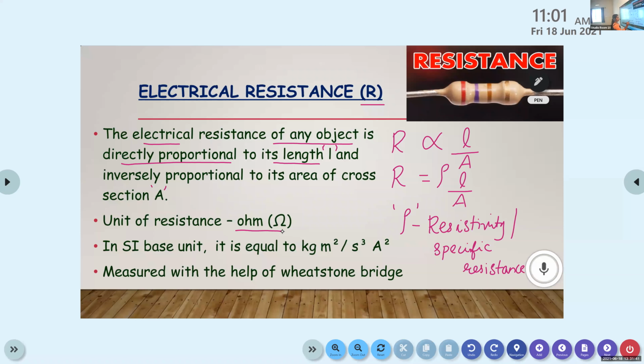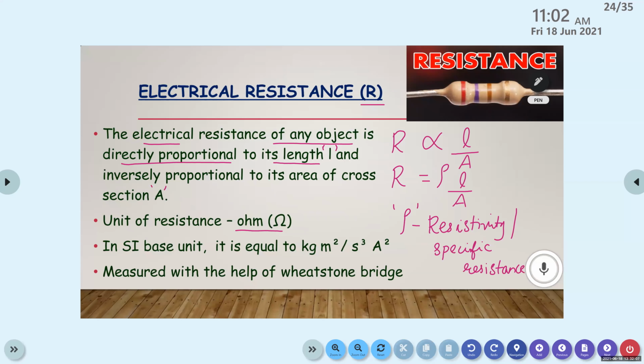So in SI base units, it is equal to kilogram meter square divided by Siemens. S stands for Siemens, which we will learn later. It's the unit of conductance. Now you can write kilogram meter square divided by Siemens cube into ampere square. A stands for ampere.